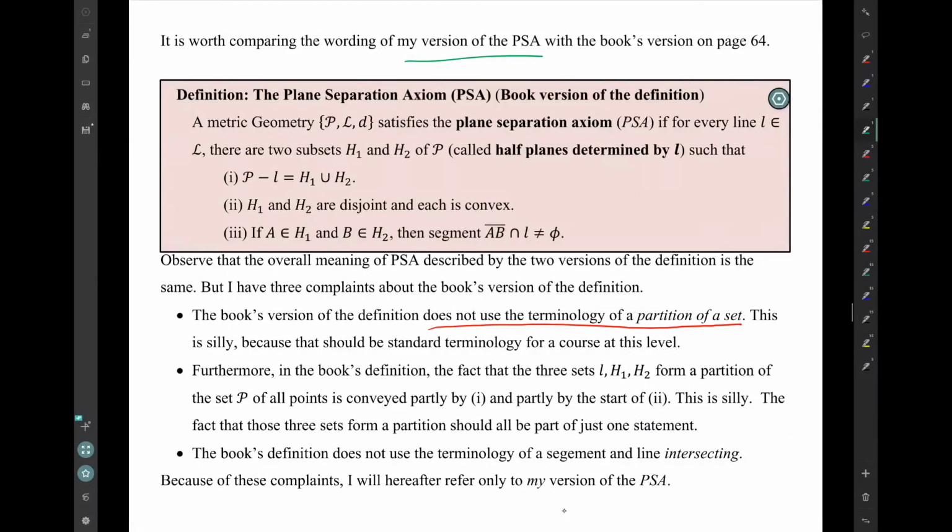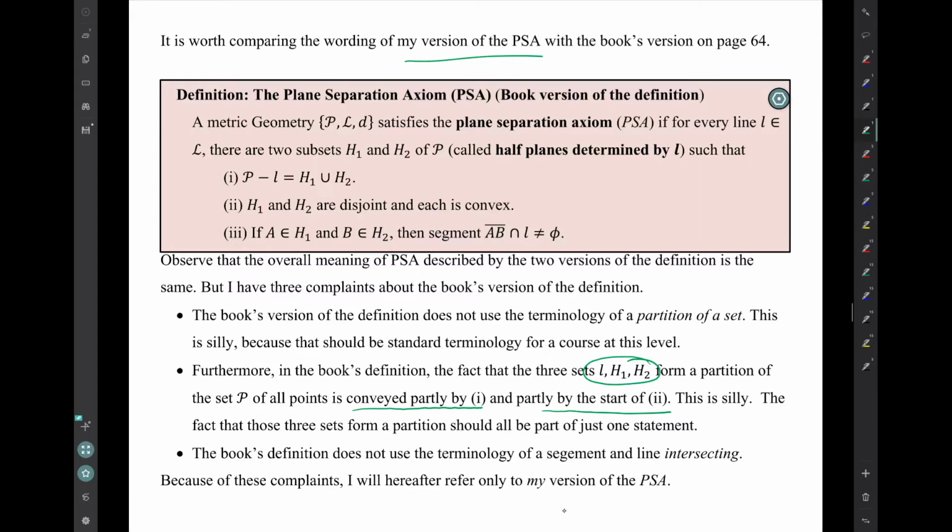That terminology of partition should be standard terminology for a course at the level of ours. Furthermore, in the book's definition, the fact that these sets do form a partition is not mentioned explicitly, but is conveyed partly by statement I and partly by the start of statement II.